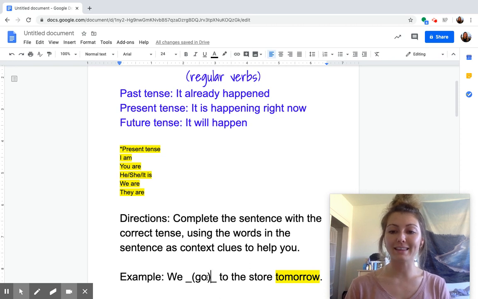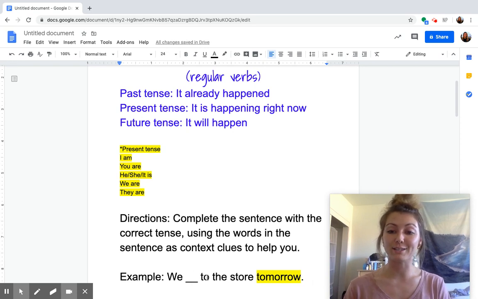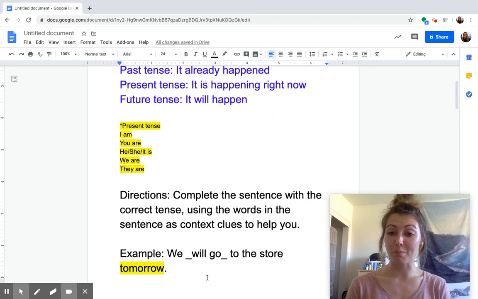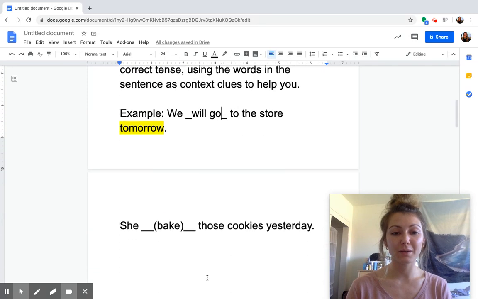So I'm going to take this verb go and I'm going to write it in future tense. Now, yesterday we learned that with future tense, we use will. We will go to the store tomorrow. There. That's what we're going to be doing today with all of our sentences. You can get your composition book and your pencil ready, and you can get ready to follow along with me.